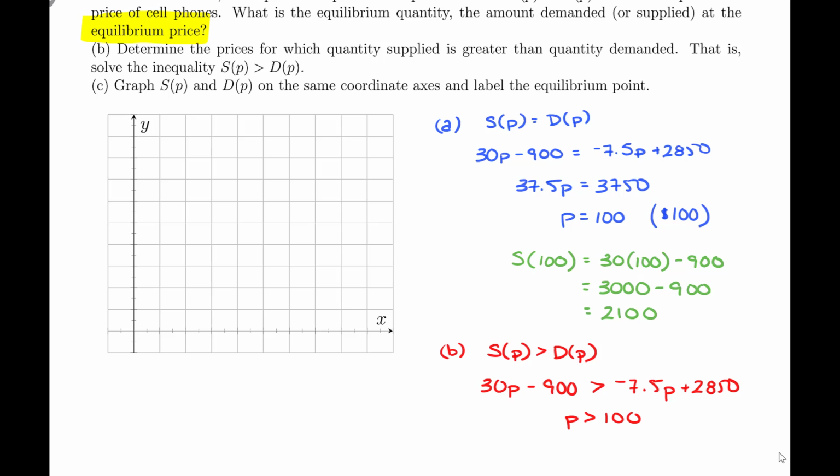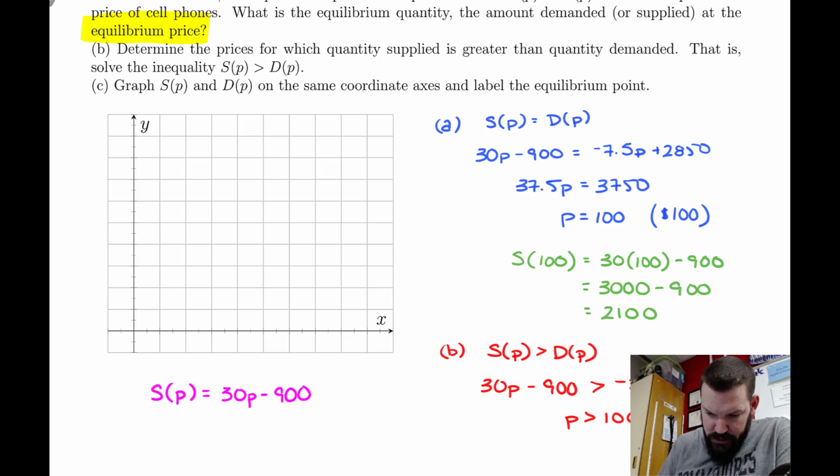Part C, graph the two functions on the same coordinate axis and label the equilibrium point. So I'm going to graph S of P using pink. So S of P equals 30P minus 900. Let's see, how do I want to do my labeling here? 2, 4, 6, 8, 10, 12, 14, 16, 18, 20.